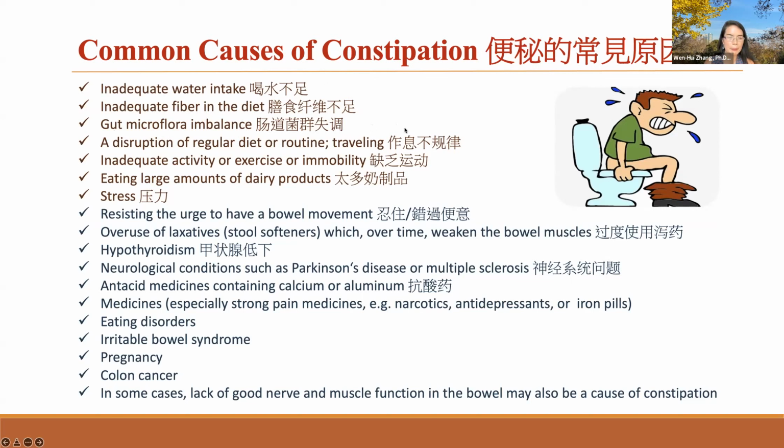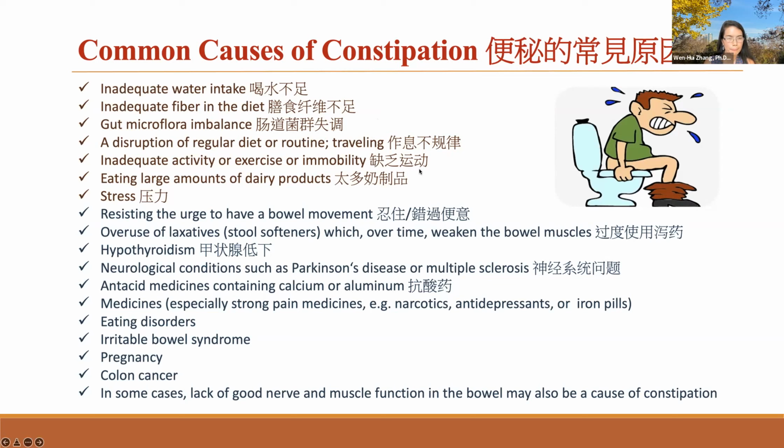We shouldn't call it bad bacteria, just not enough beneficial bacteria, and overgrowth of the other bacteria could also cause constipation. And for young adults, a lot of the time it's the disruption of routine. People tend to have constipation issues when traveling, and also from lack of physical activity.